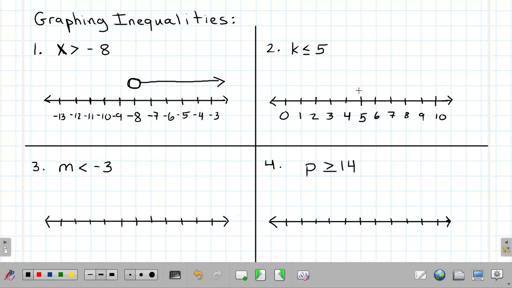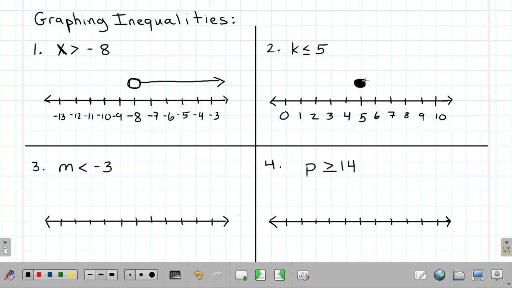And then we go and do our same thing we did over here. We ask, can k be equal to 5 in this case? Well, in this case, actually, yes. So this is where we would use a closed circle, okay? So basically a closed dot, or an open circle that it's filled in.